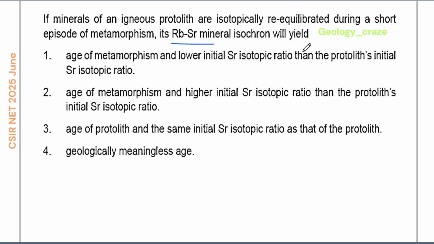We have to tell whether the Rb-Sr mineral isochron stays the same or changes, and if it changes, what it tells. What is the original Rb-Sr mineral isochron, and what is the difference between after and before metamorphism?